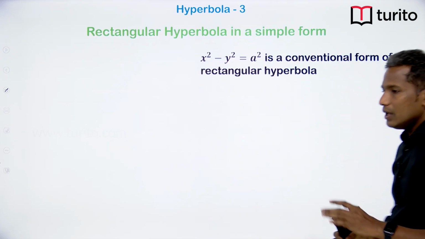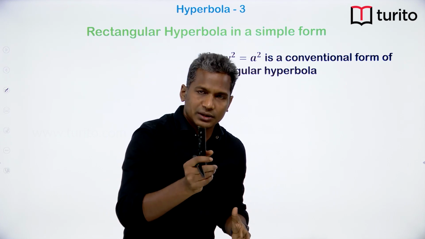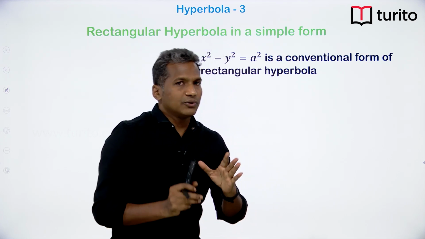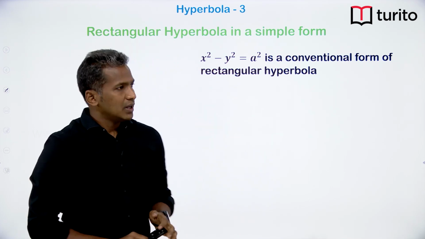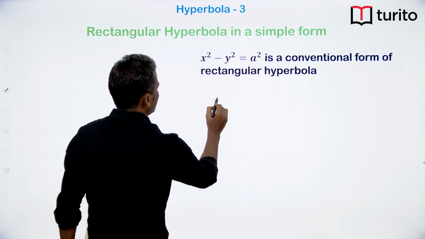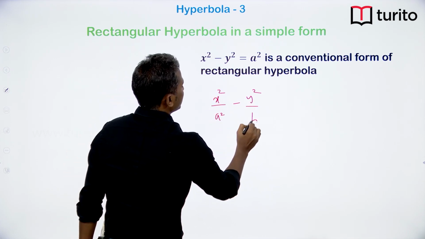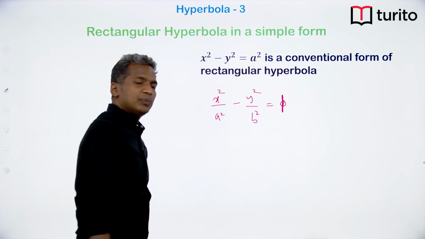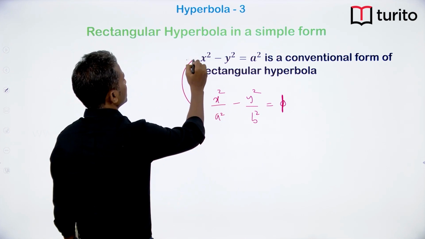Now, for the rectangular hyperbola, let us say we want to derive one standard equation. Of course, this is not the standard equation, but this is one conventional equation. If you take the hyperbola x square by a square minus y square by b square equal to 1, and if I put a equal to b here, of course, I will get this equation.